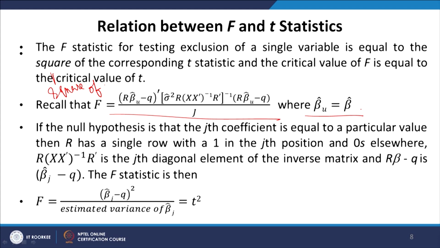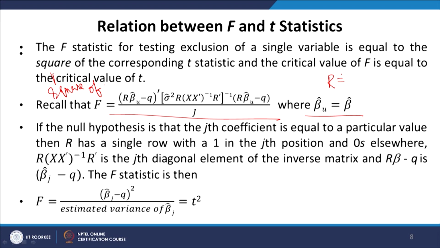If the null hypothesis is that the jth coefficient is equal to a particular value, then R, the capital R, which considers the set of restrictions, has a single row with 1 in the jth position and 0 elsewhere. R (X prime X) inverse R prime is the jth diagonal element of the inverse matrix, and R beta minus q will be equal to beta j minus q.